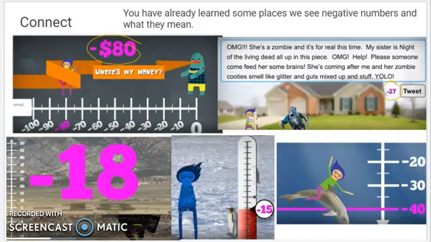We talked about that time you fell into a hole and you were negative 18 feet above ground, so 18 feet underground. We talked about it being really cold. And on your dolphin ride, when you were 40 feet underwater, we talked about you having an altitude of negative 40 feet. And all that should be memorable to you because that all happened to you.